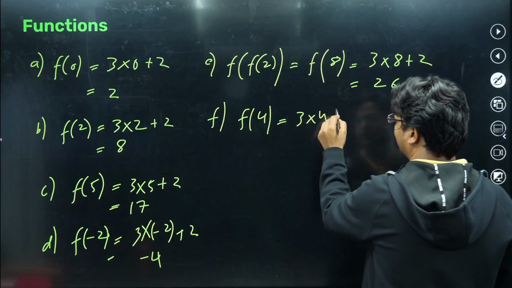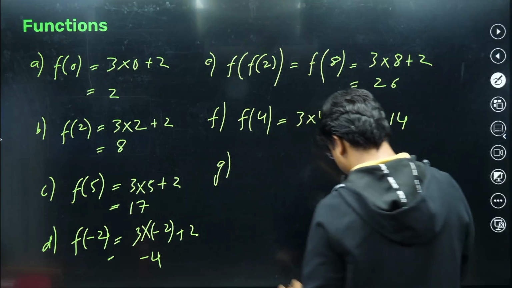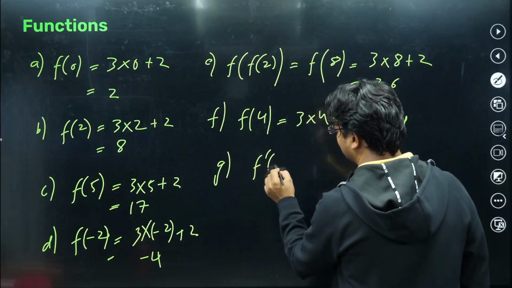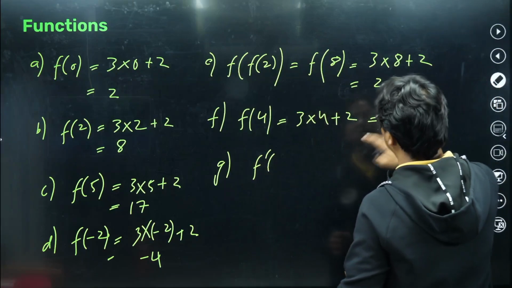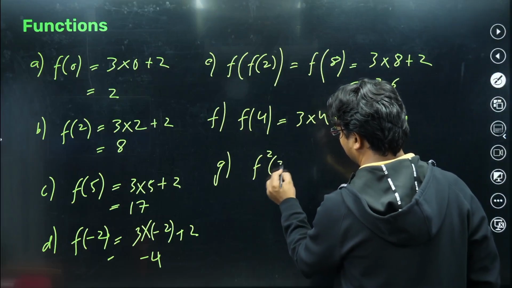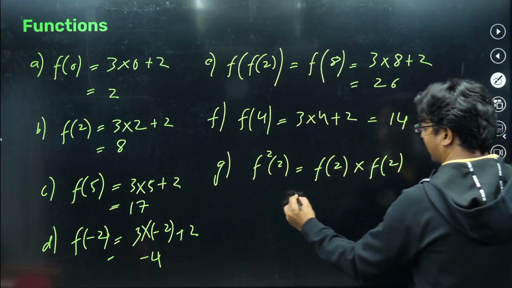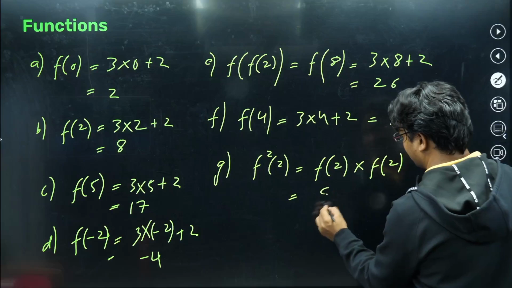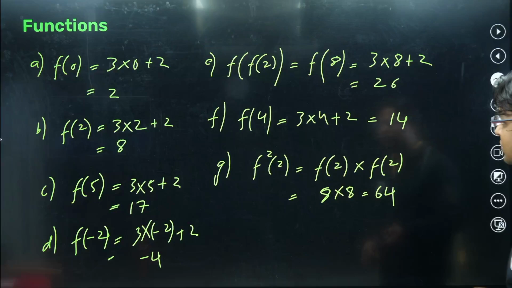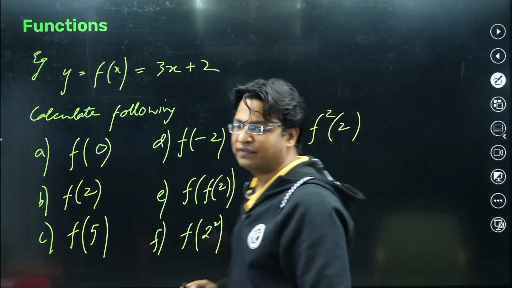So 3 into 4 plus 2, so this is 14. Then g was f of 2 whole square. f of 2 whole square means f of 2 into f of 2. f of 2 we calculated to be 8. So this is 8 into 8. This is 64. So are we done? Yeah. So all the values we have found out.